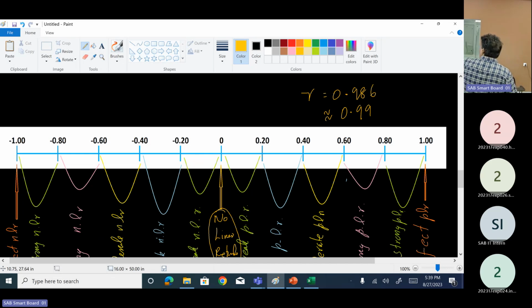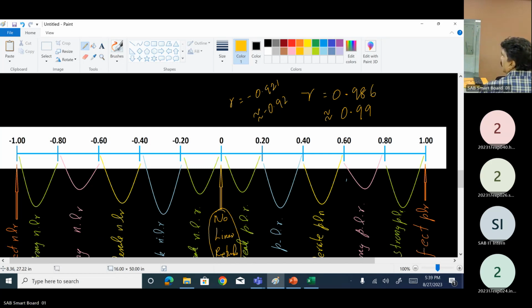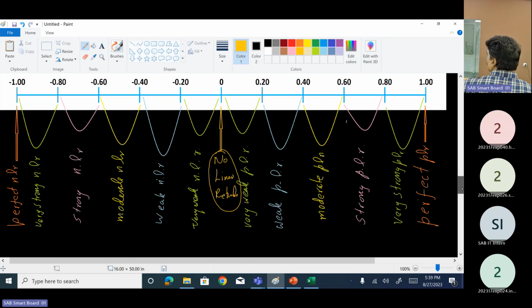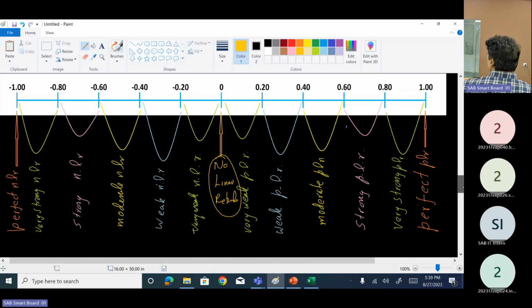The other one we got is R equals minus 0.921. If you convert to 2 decimal places, minus 0.92. What region? It falls here: very strong negative. So now we take some examples and see how to interpret.